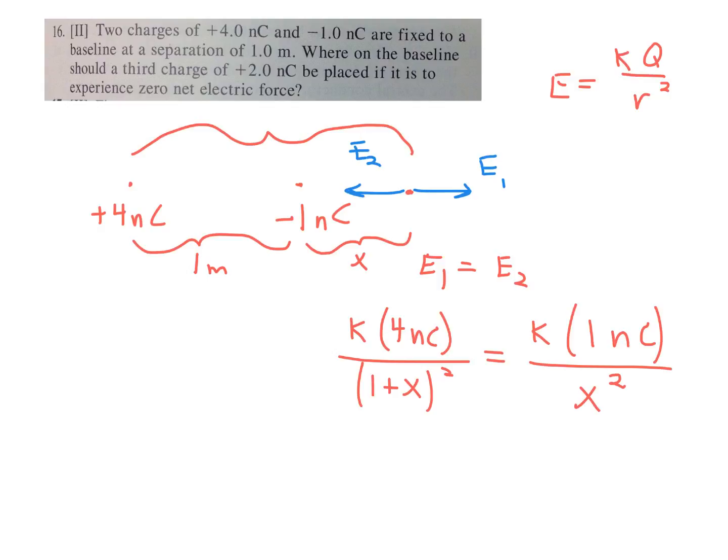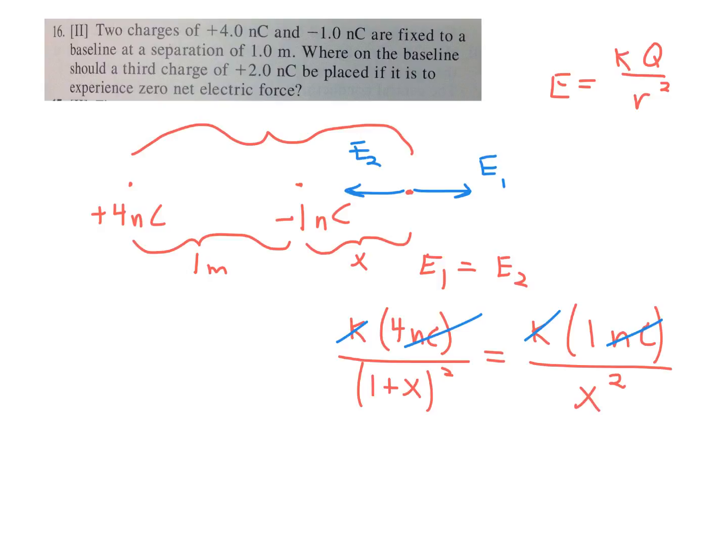The only unknown in that equation is X. Now I have put in units there, but what you notice is that on both sides, those units, or nano, will cancel out. The K will cancel out on both sides. And the other trick here, like we did with some of the universal gravity problems, is to get rid of the square, so you don't have to square a binomial. Squaring the 1 plus x is going to complicate the problem.